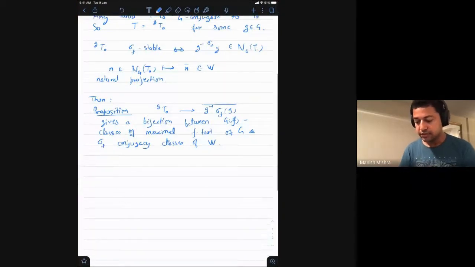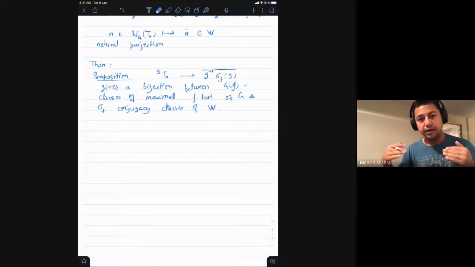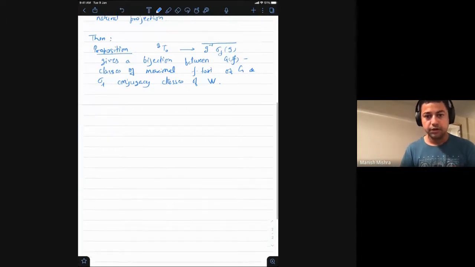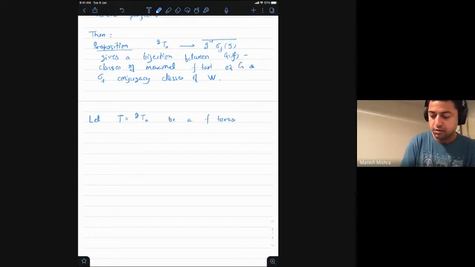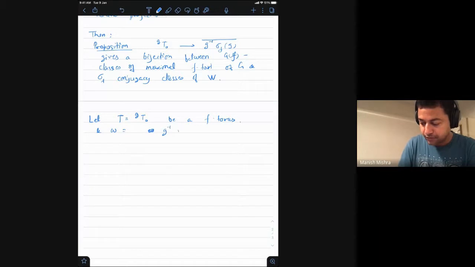There is a bijection between maximal tori and twisted conjugacy classes of the Weil group, and the map is given in this way. So now let T equals G T0 be an F torus, and omega, where omega is G inverse sigma F G bar.